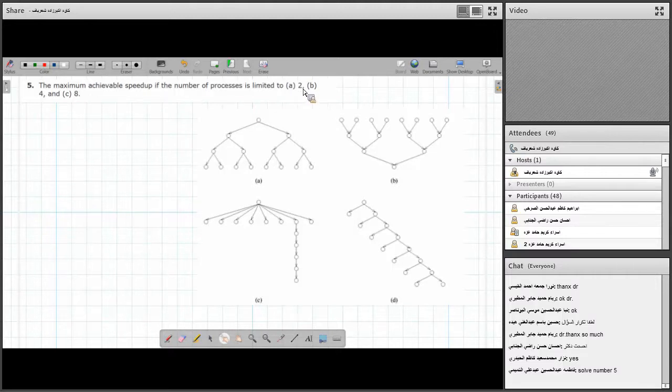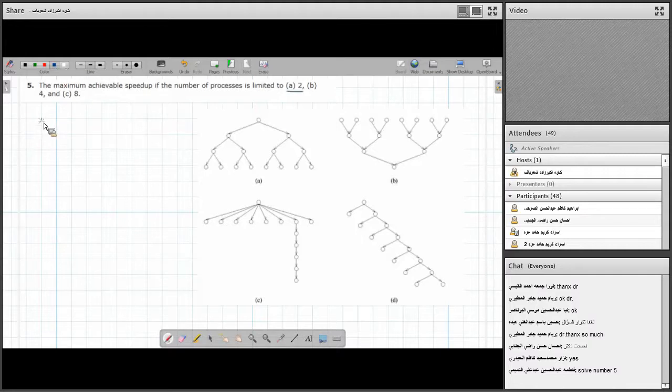If the number of processes is limited to a given number, for example, just 2 processes.